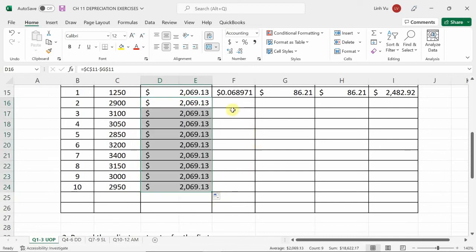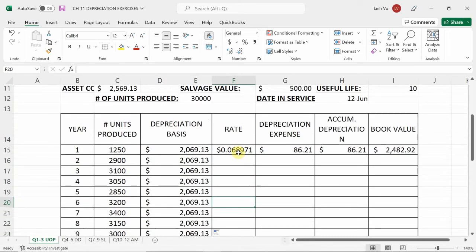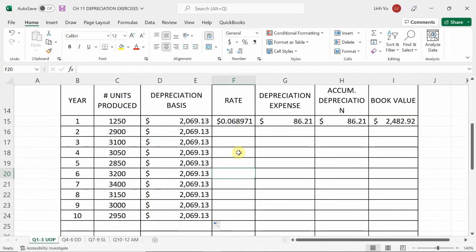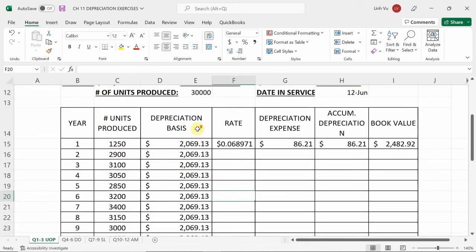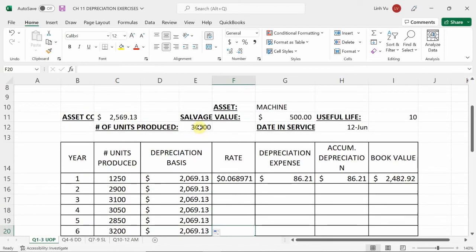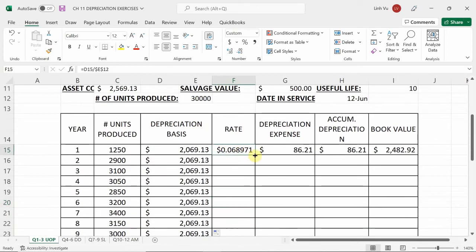There you go. What about my per unit rate? It's going to stay the same, because your depreciation basis is the same and the rate is calculated on the same number of units that can be produced.